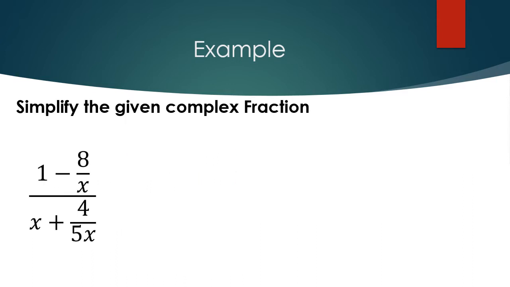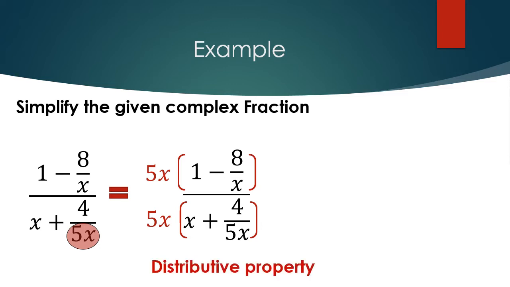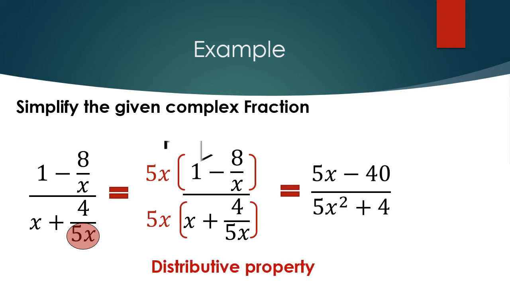Now the least common denominator here is 5x. So we're going to change everything into a denominator of 5x. Or we can multiply 5x by every term. So 5x times 1 is 5x. 5x times negative 8 over x is negative 40.